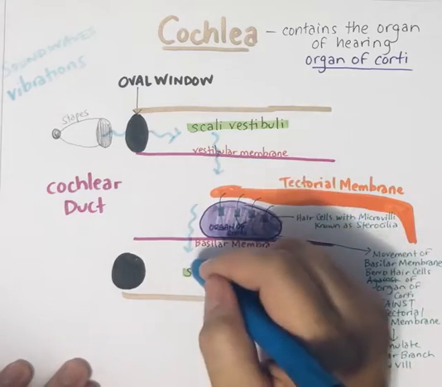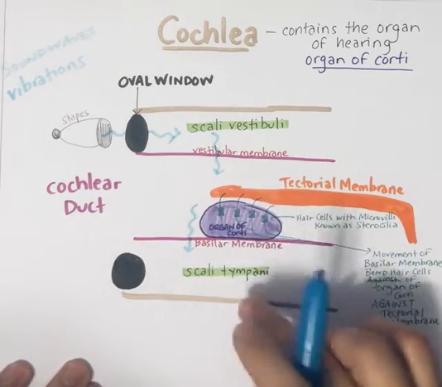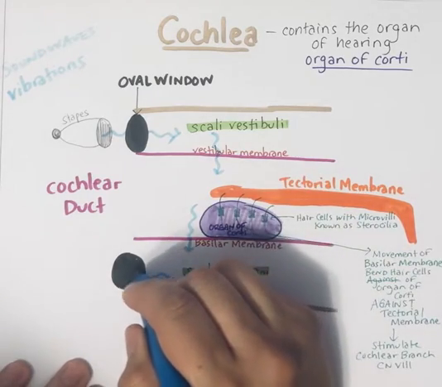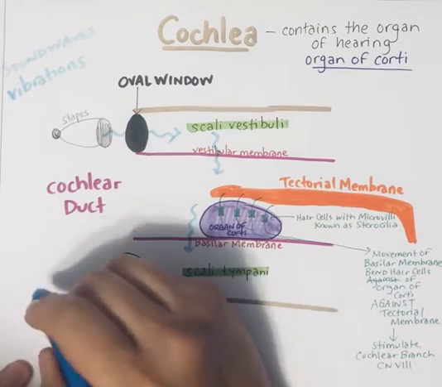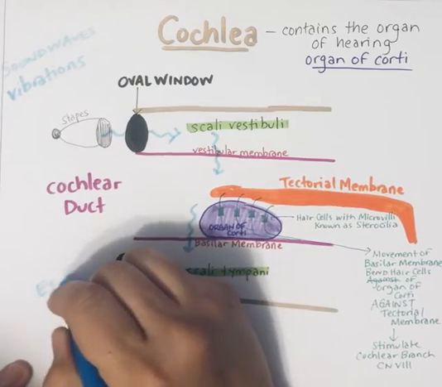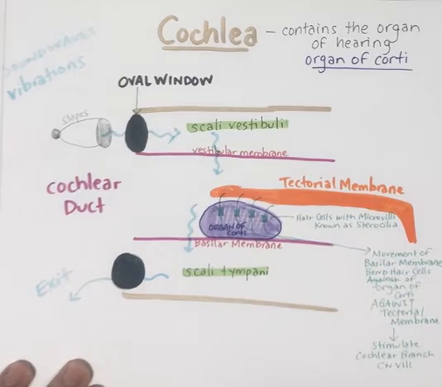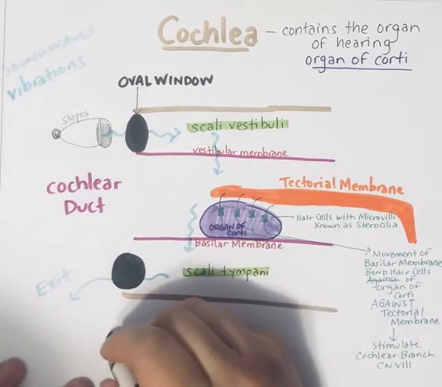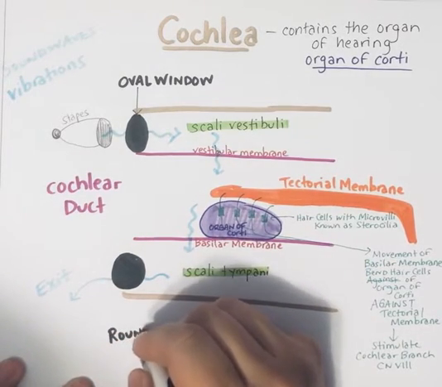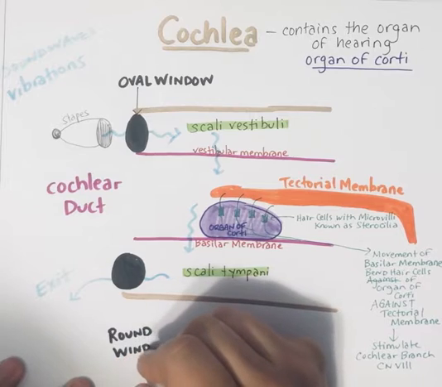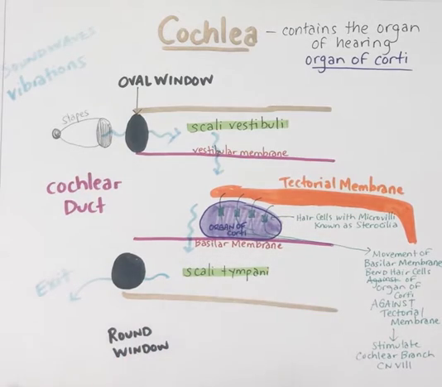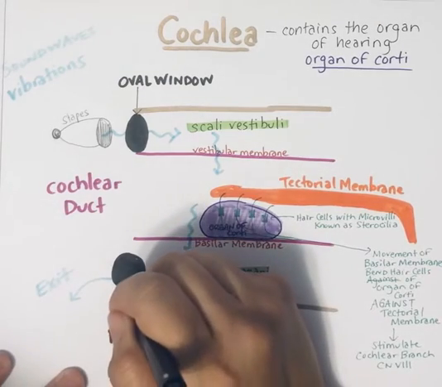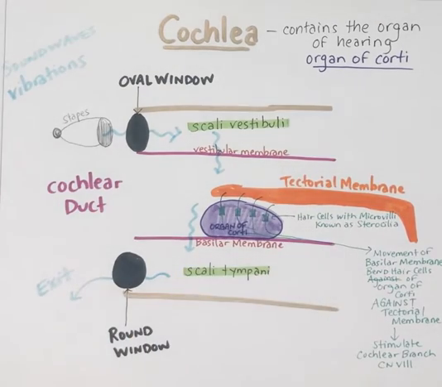So sound waves are going to vibrate the perilymph, and then they're going to exit through the round window. That is auditory transduction. So there's a really good video to basically show you this that's on YouTube that I posted, a great video to go through everything.